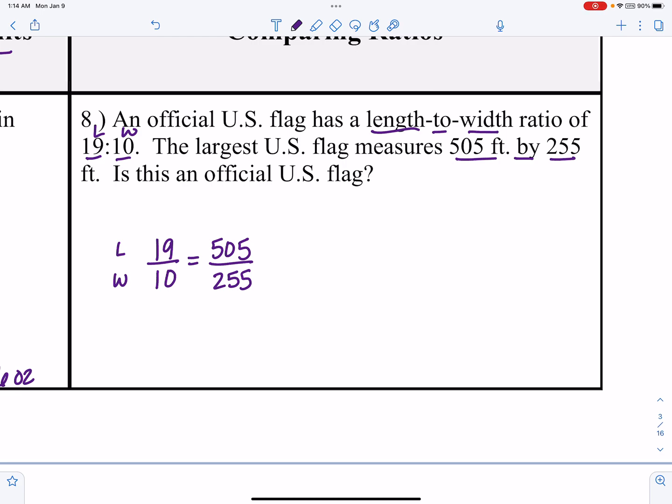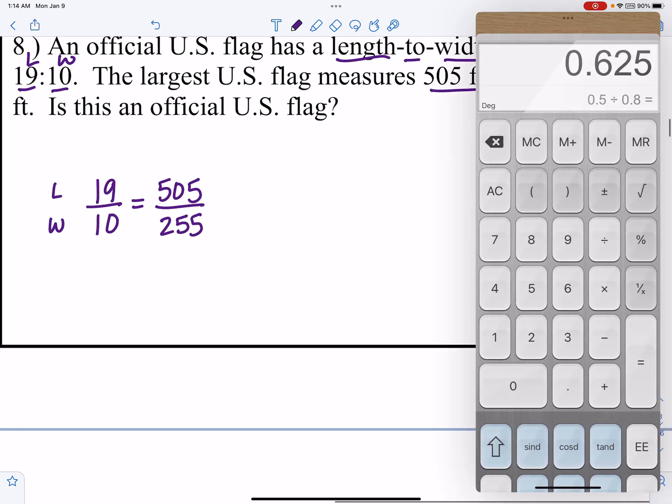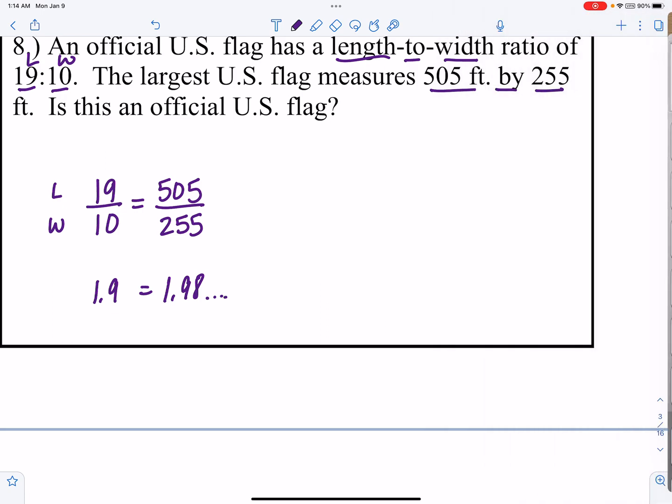All right, so we have a couple methods. We could just turn them into decimals, which again, in my opinion, is one of the easiest to see. So 19 divided by 10 is 1.9, and 505 divided by 255 is 1.98, and it goes on to a lot of other numbers. Okay, and so these are not equal to each other.